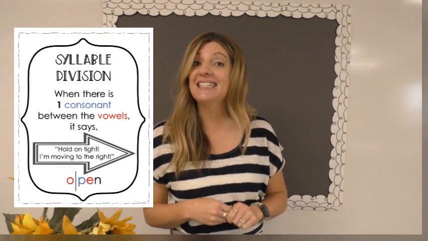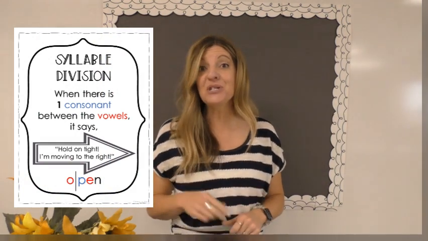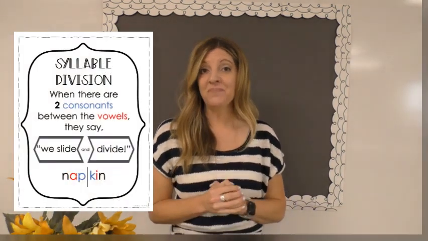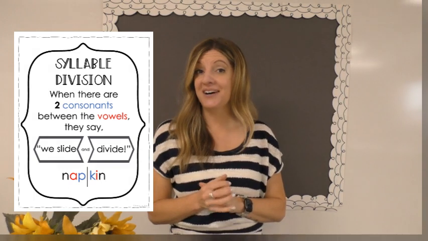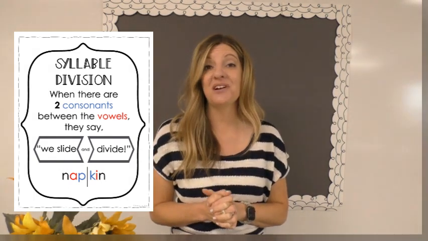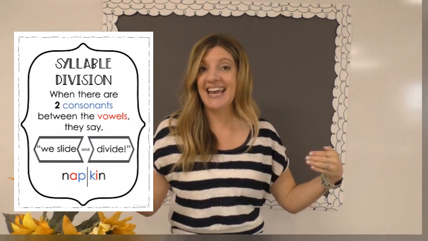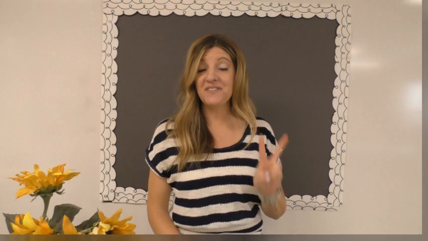And it goes to the second syllable, usually leaving our first syllable long, right? The second syllable division rule is when we have 2 consonant sounds in between our vowels, and we say they slide and divide. And we've been using those 2 syllable division rules all year long to divide longer words into chunks that we can read and decode.